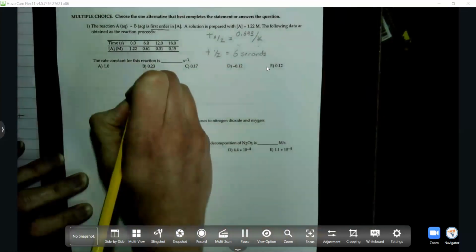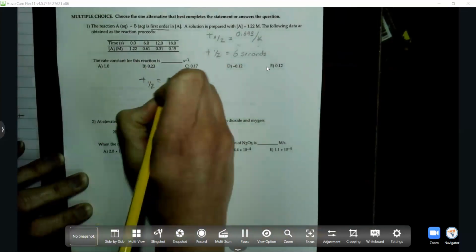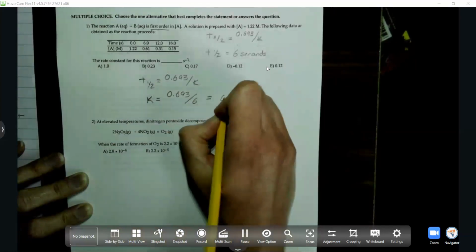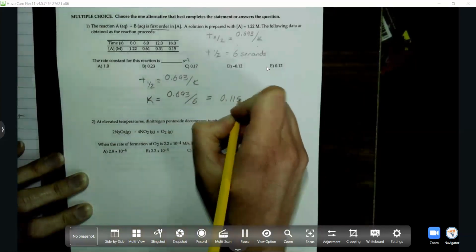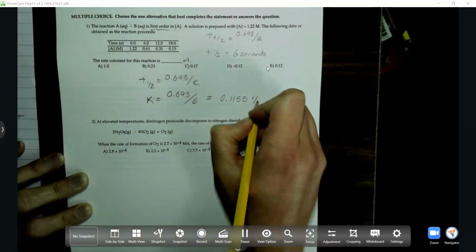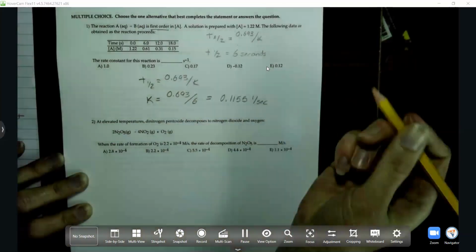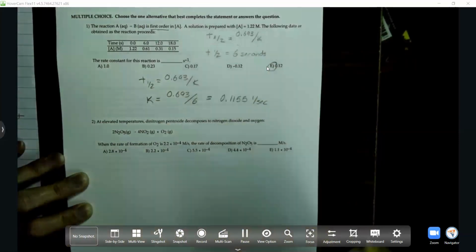So we're going to solve T1/2 = 0.693/K for K. 0.693 over 6. Our K is equal to 0.1155, 1 over seconds. And let's see, that's answer letter E.